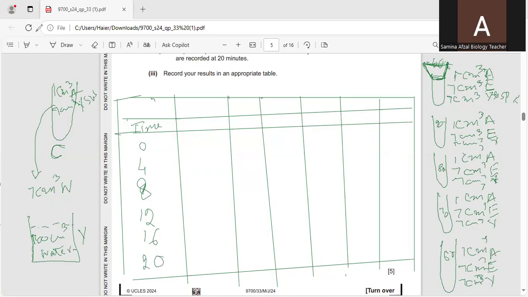And here we will make use of the concentrations, and it will be 100, 90, 80, 70, 60, and control.